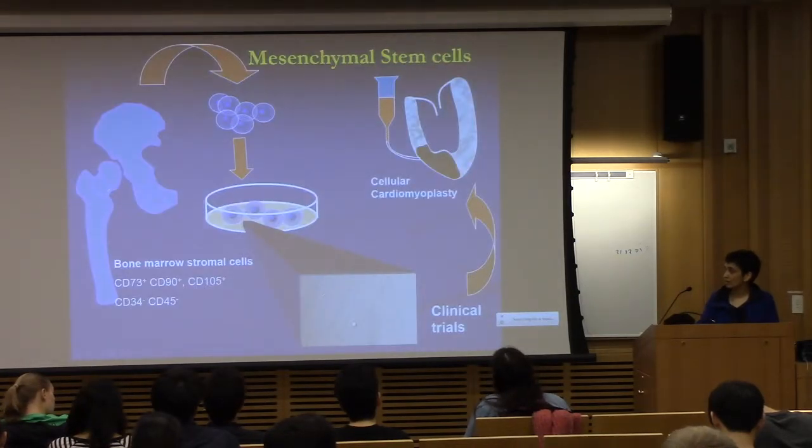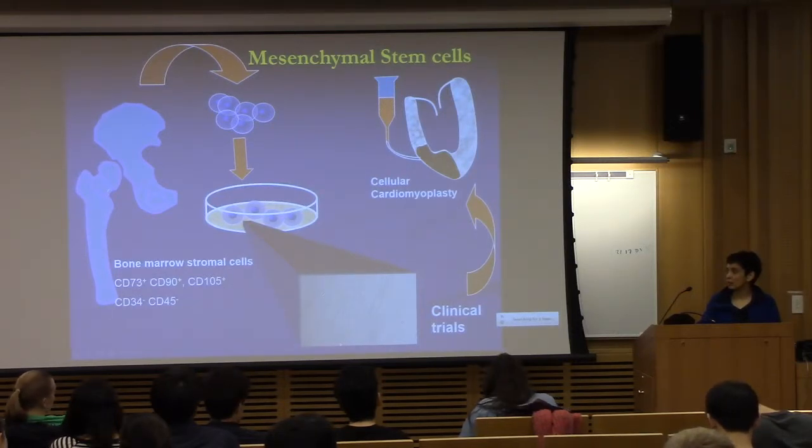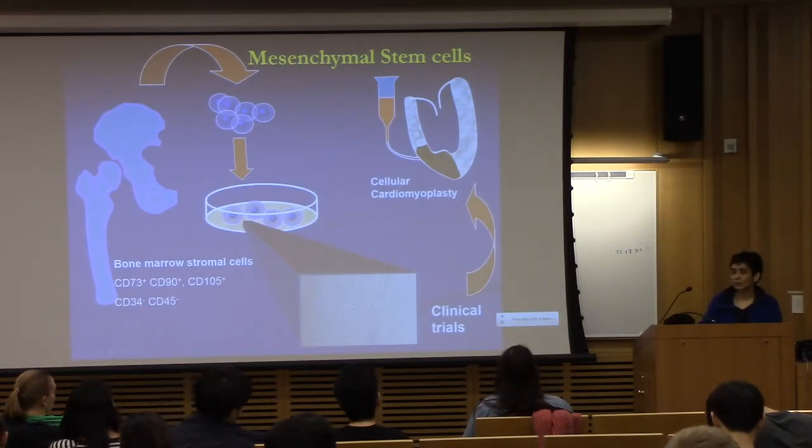The interesting thing about the mesenchymal stem cells is that unlike the skeletal myoblasts, they actually have connexins. So you would think that, well, if you have connexins, then you shouldn't be arrhythmogenic because now you have conduction, you have electrical propagation through these cells. But the problem is that cardiac myocytes have a particular complement of ion channels, and so they can generate action potentials.